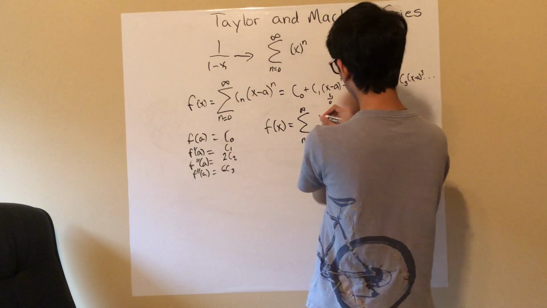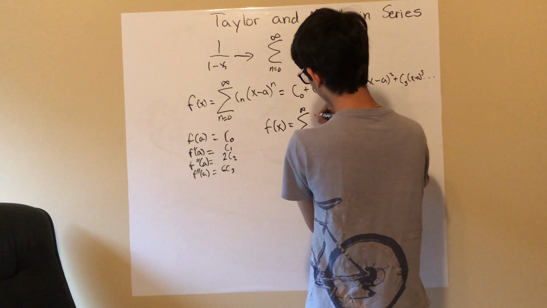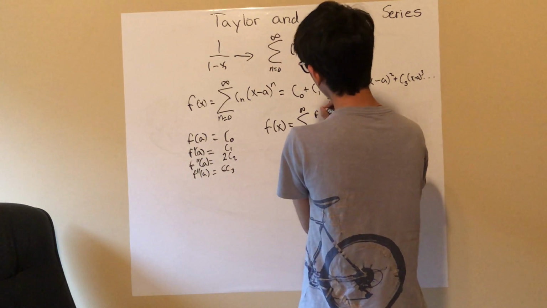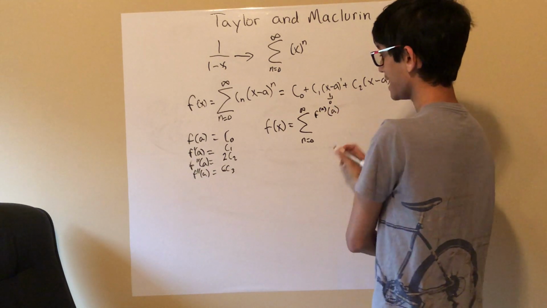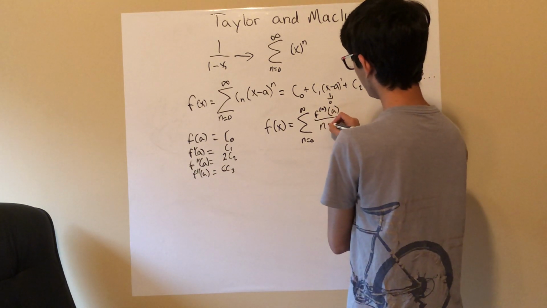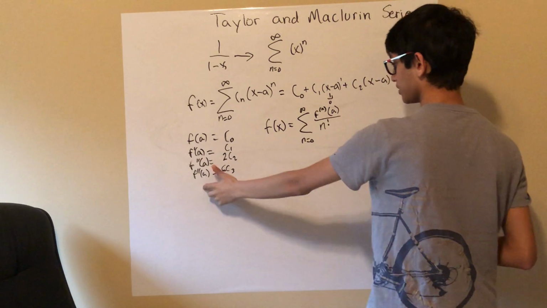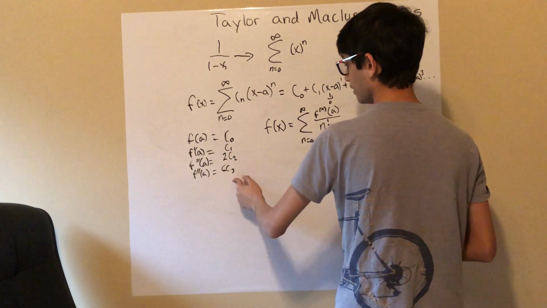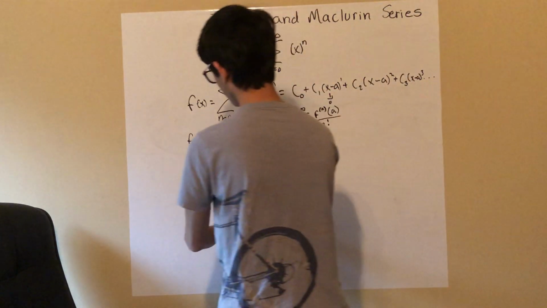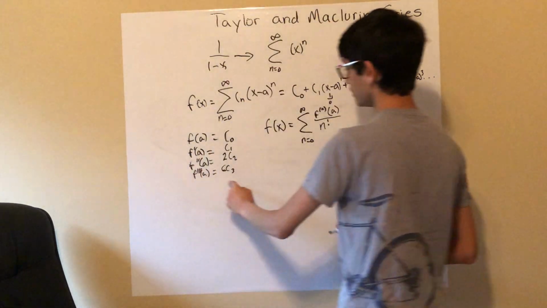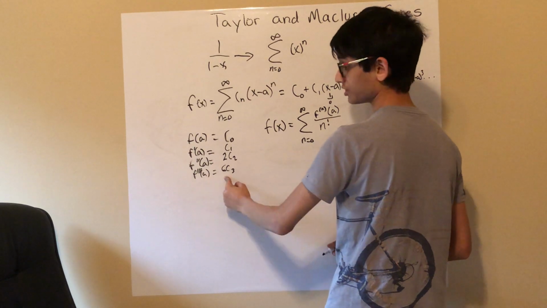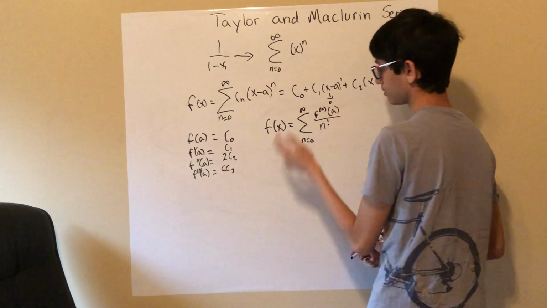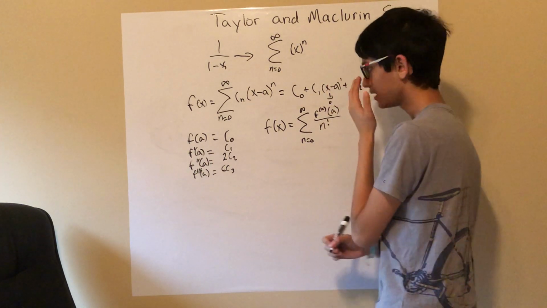So to get all of these, we're taking the nth derivative of f at a over n factorial, right? Because to find c3, we would take the third derivative and then divide it by 6 to isolate c3, because that's how math works.